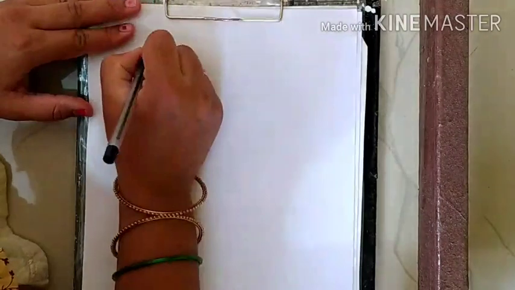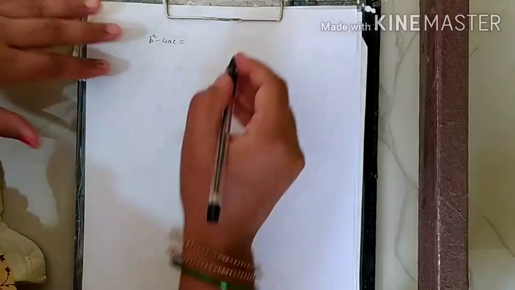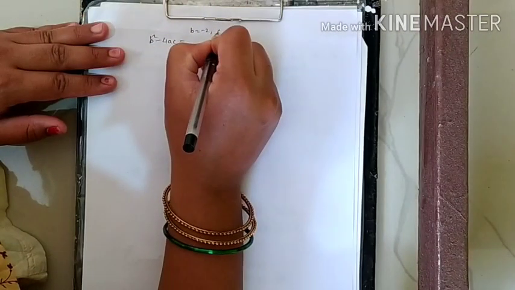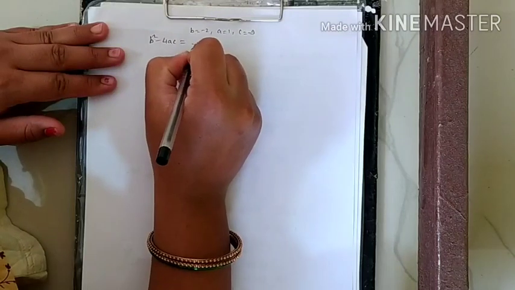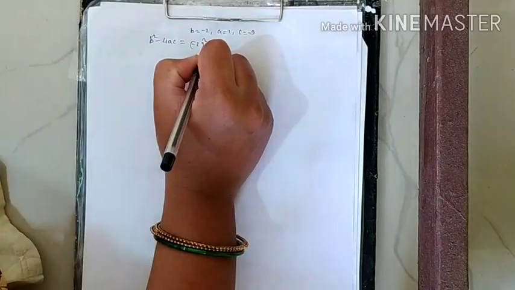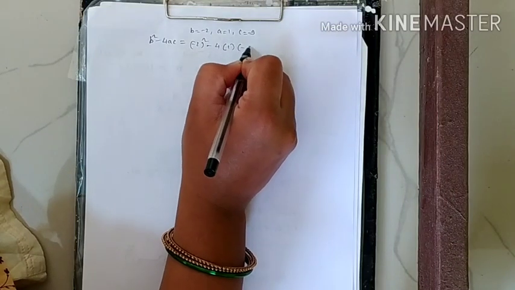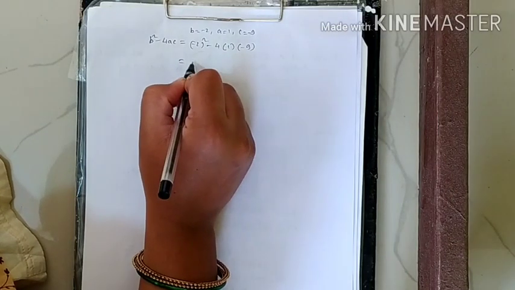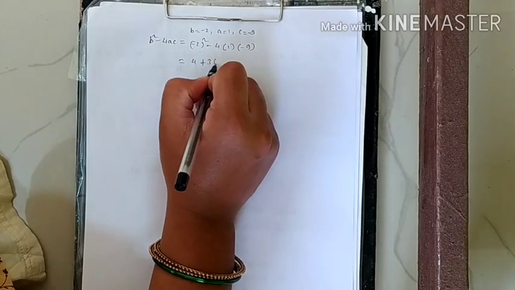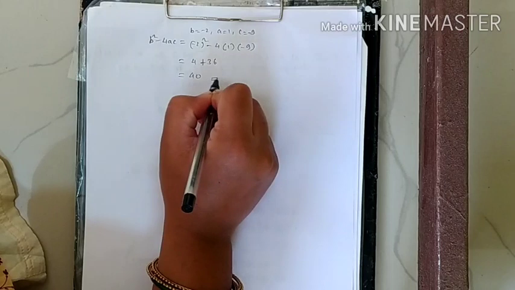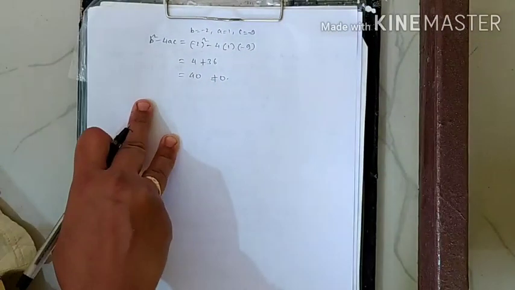So b square minus 4ac equals minus 2 square minus 4 into 1 into minus 9. Minus 2 square is 4, minus and minus plus, 4 9s are 36. So it equals 40, not equal to 0. So the given quadratic equation has real roots.